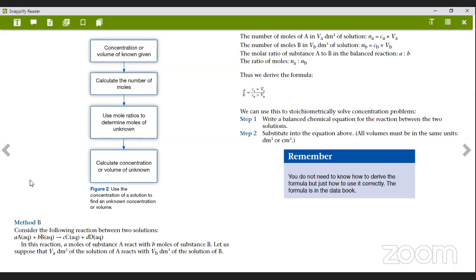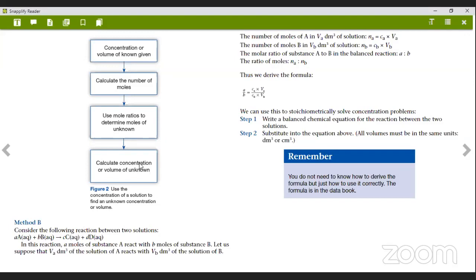I think it's much easier, it's what I showed you. So it's going to be A divided by B is equal to CVA divided by CVB. This is both on the reaction side, because this part is what is going to be given, and what you're looking for is that part.